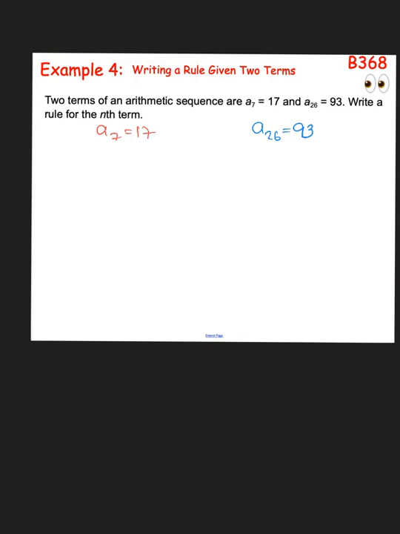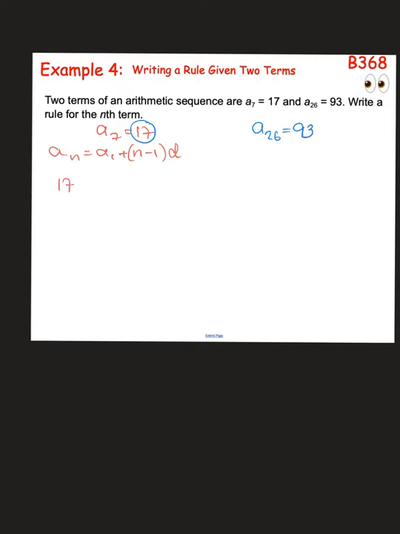The equation for an arithmetic sequence is a sub n equals a1 plus n minus 1 times the common difference. If I'm looking at the term that's given to me, I know that the 7th term's value is 17. So I'm going to substitute that for a sub n.